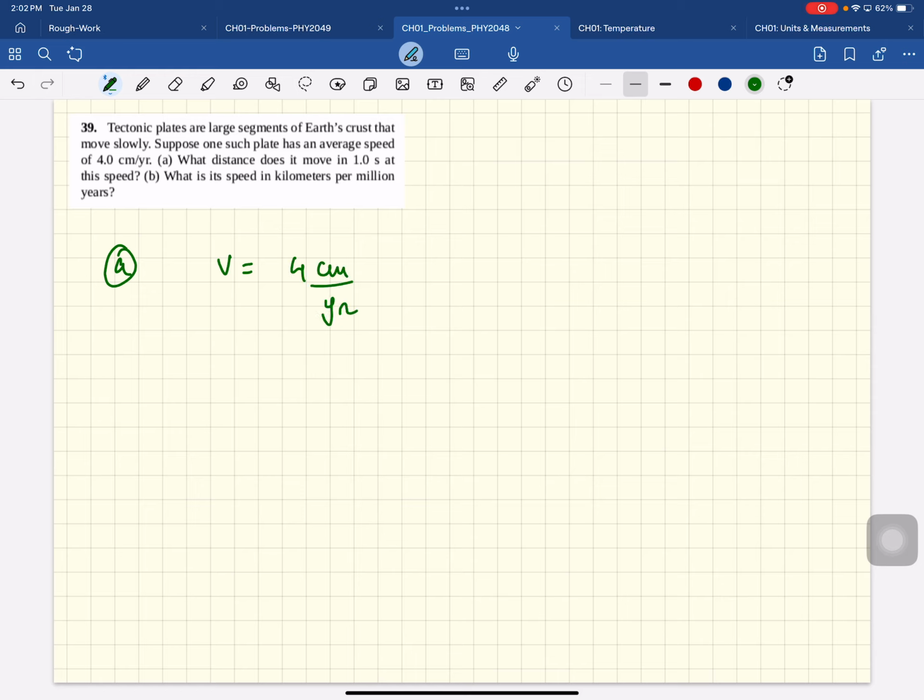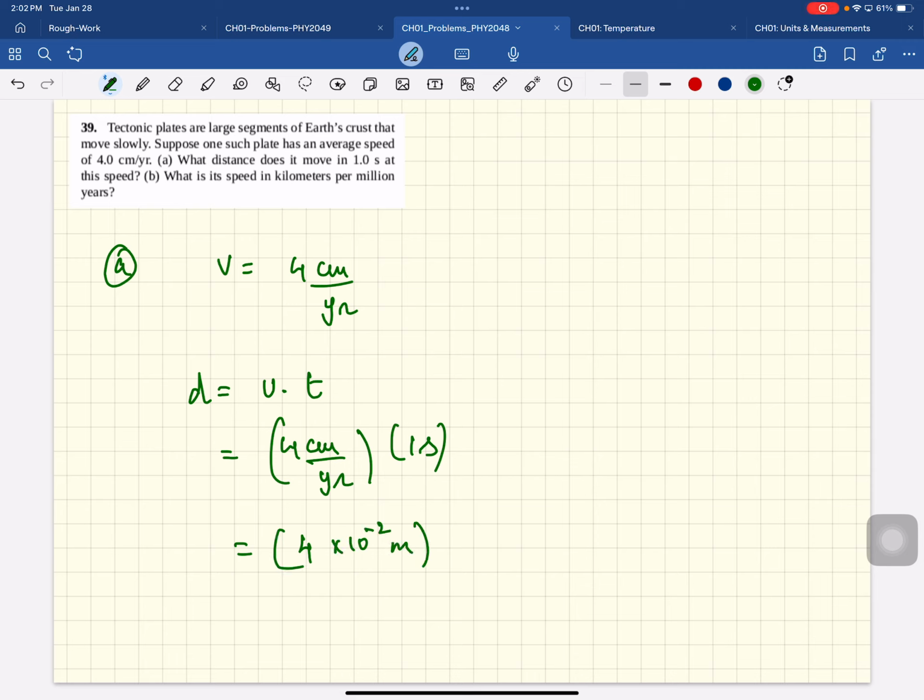Okay, so we want to find what distance it moves at this speed in 1 second. So distance is velocity times time. A centimeter is 10 to the minus 2 meters.